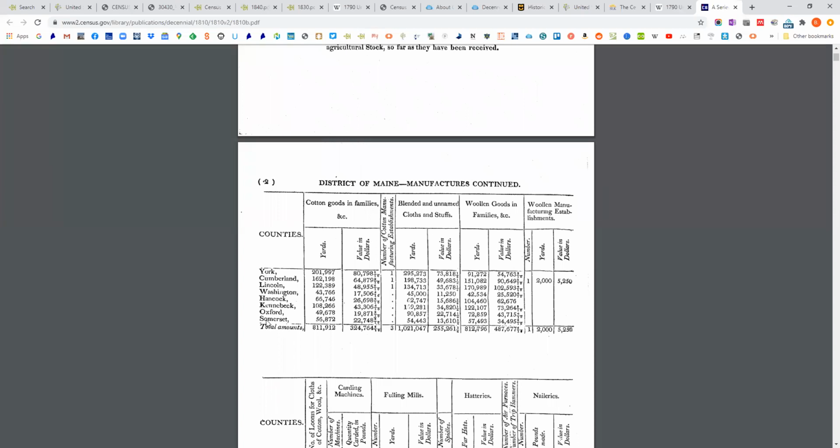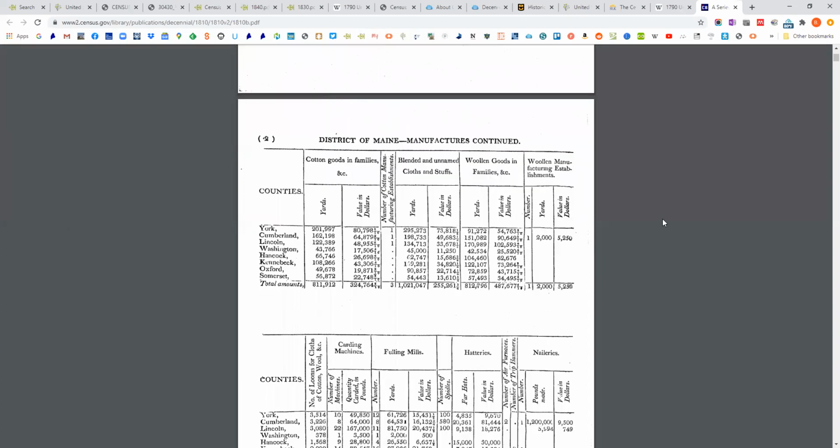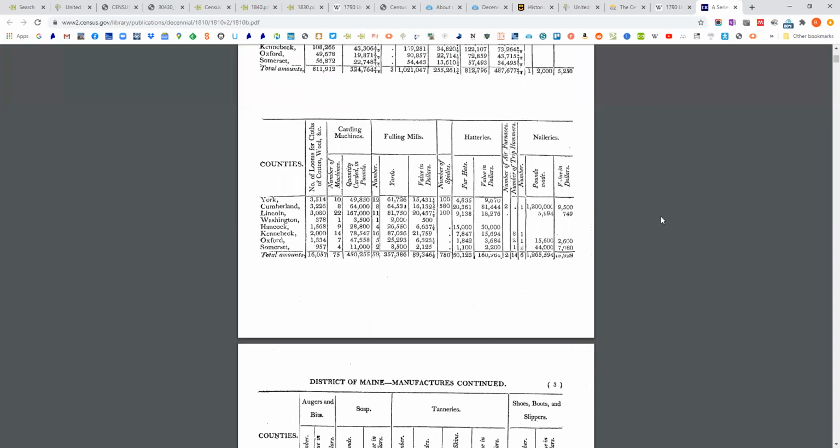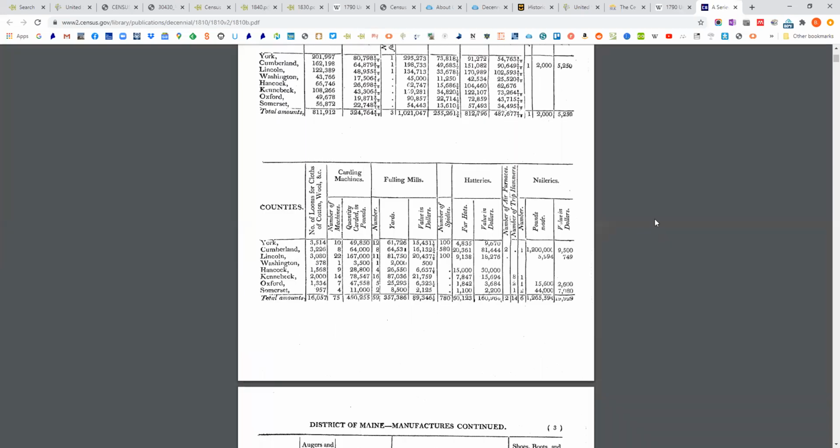And as you can see, Maine does not have its full 16 counties yet at this point. And so you can see that Washington County at this point doesn't look like it has a lot of manufacturing, which if you think about the settlement of Maine, those of you who are down in that direction, in 1810, you're not going to have a lot, you probably never ended up with a lot of mills making things in Washington County.